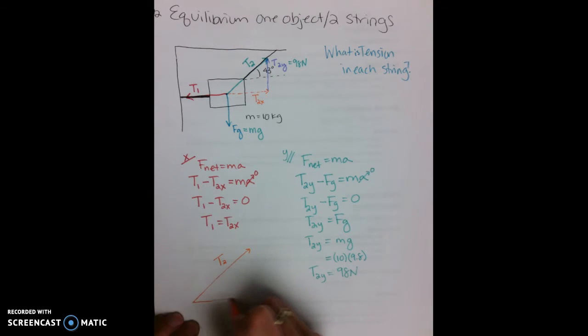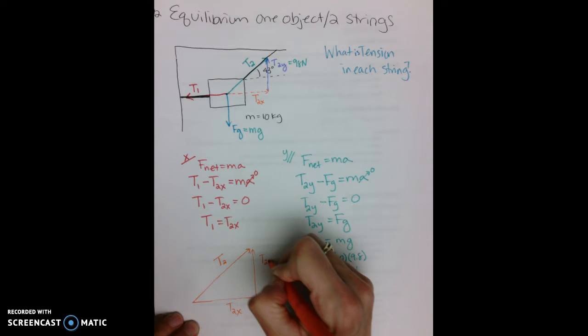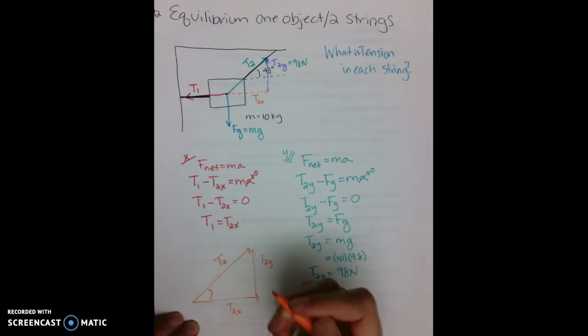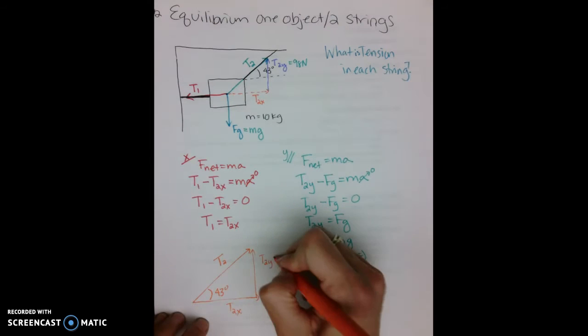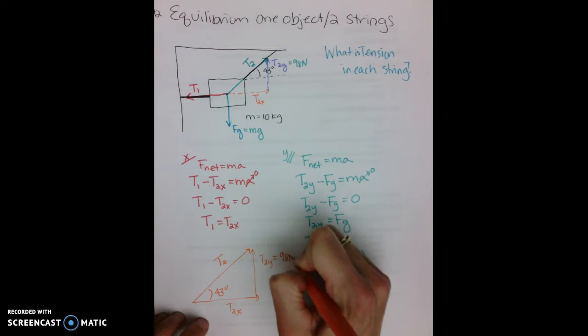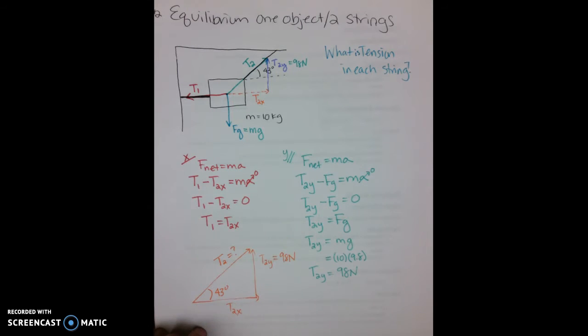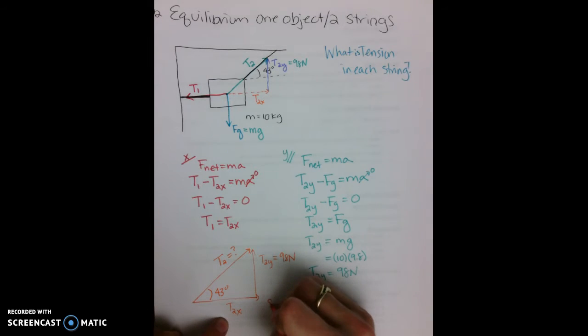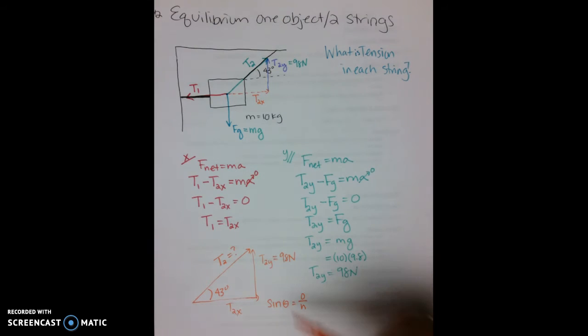I have T2x on the bottom, and T2y is vertical, and the angle here is 43 degrees. I know that T2y is 98 newtons, and I want to know what the hypotenuse is. The sine of theta is equal to the opposite side over the hypotenuse, so I can use the sine of theta to figure out what T2 is.